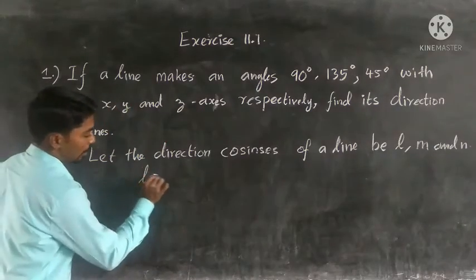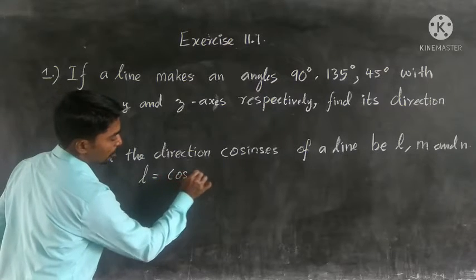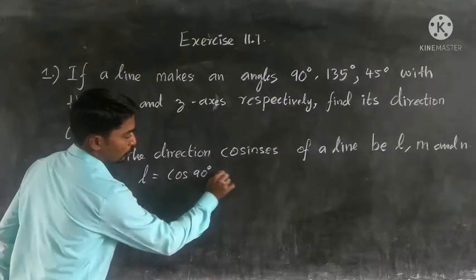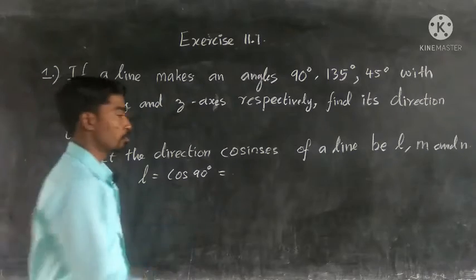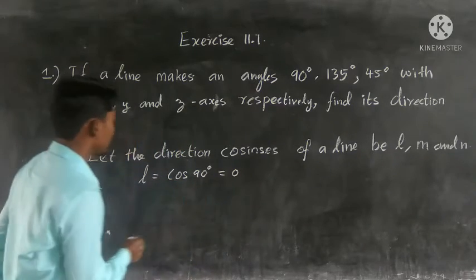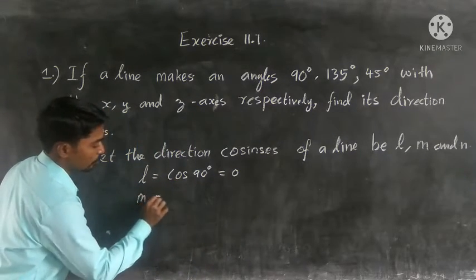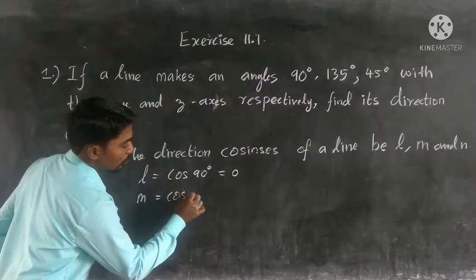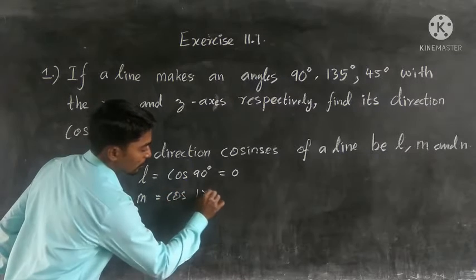Then l is equal to cos 90 degree. We know cos 90 degree is equal to 0. And then m is equal to cos 135 degree.